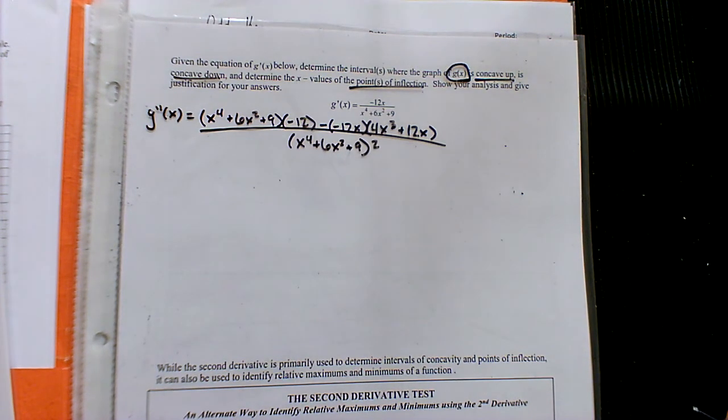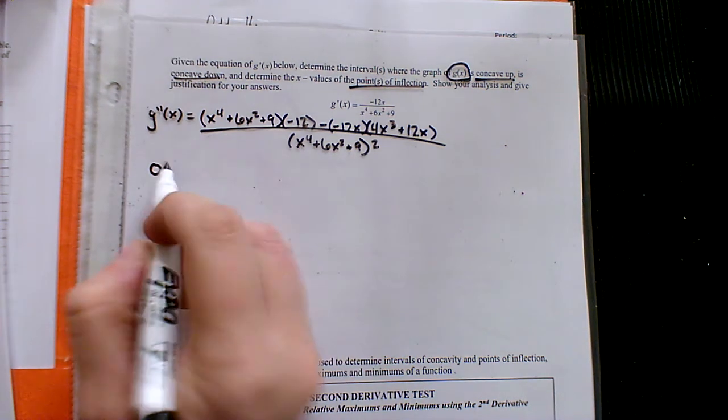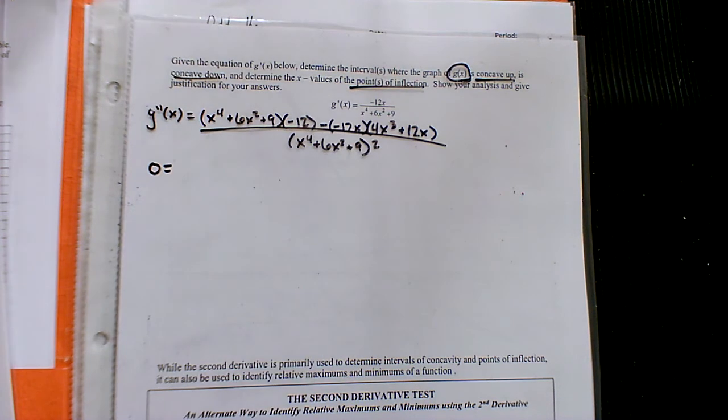Now typically with the first derivative we set it equal to 0 and solve, and that's where our critical points would be. But now that we're analyzing the second derivative in relation to the original function, we're going to set it equal to 0 to help us find those pips, possible inflection points. So let's see if we can clean this up a bit to help us solve for x.